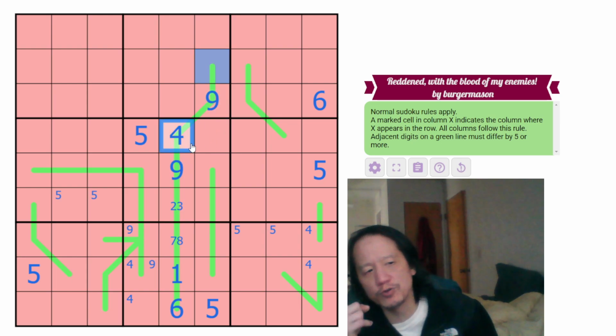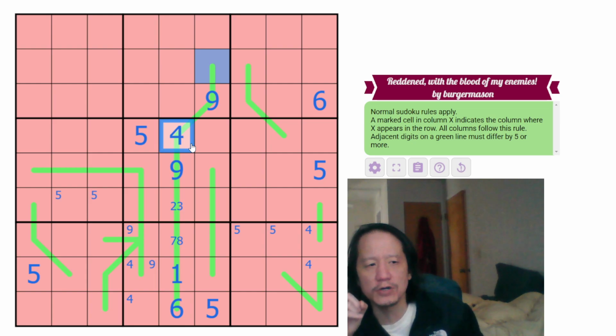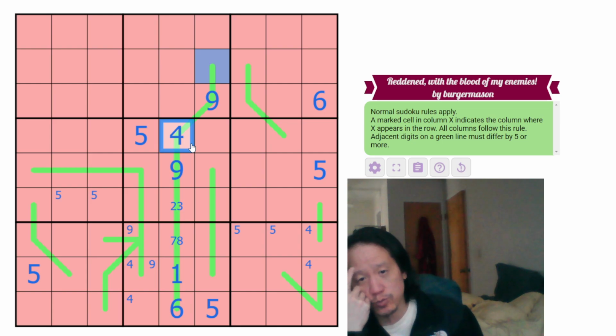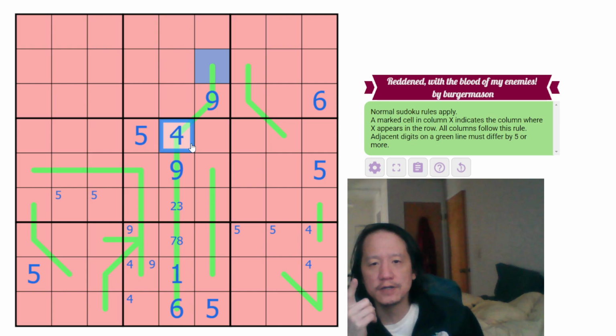So on a German whisper line, you'll always alternate between the set of low digits and then the set of high digits. The low digits are specifically 1 through 4, and the high digits are 6 through 9. The reason why this works is if you have a 1, what is 5 away from that? Well, it has to be 6 or higher, and 1 is the lowest of the low digits.